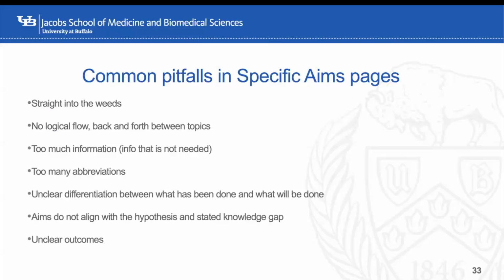A couple of common pitfalls that I've seen and that others have conveyed to me. Straight into the weeds, right? Instead of starting with a very general context, you start in a very, very narrow context, because you think everybody's an expert, so I'm going to start there.